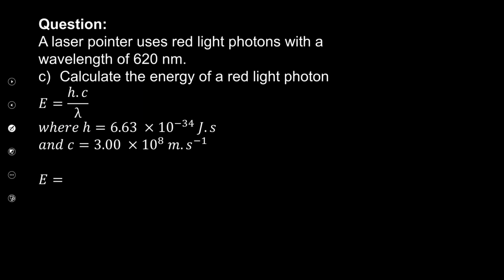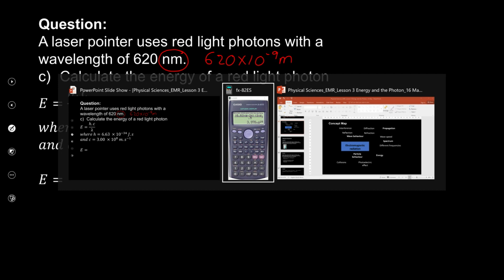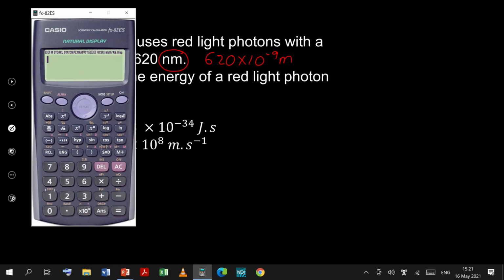So in our calculation, we need to substitute our values. But one thing we must make note of is that the wavelength is not in meters and needs to be converted to 620 × 10^-9 meters because it's nanometers. So to do our calculation, we're going to need our calculator. Quickly clear it.